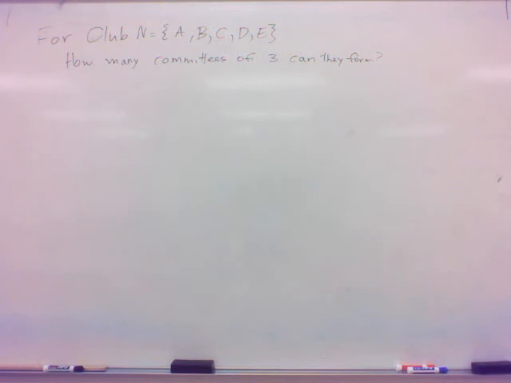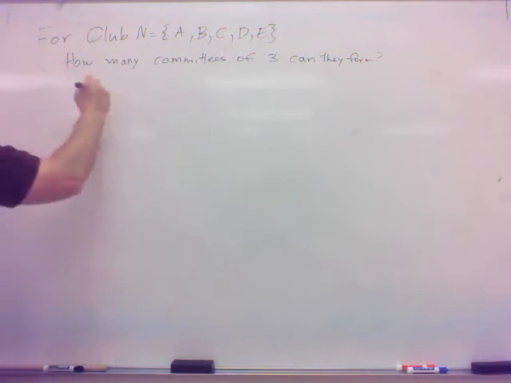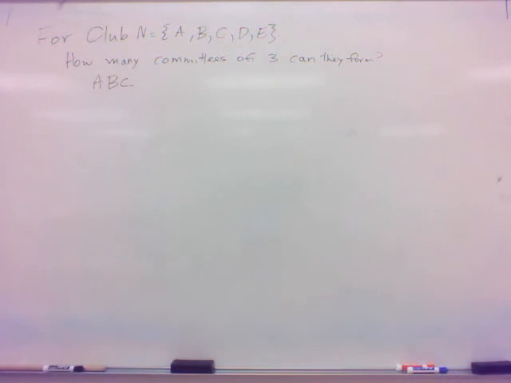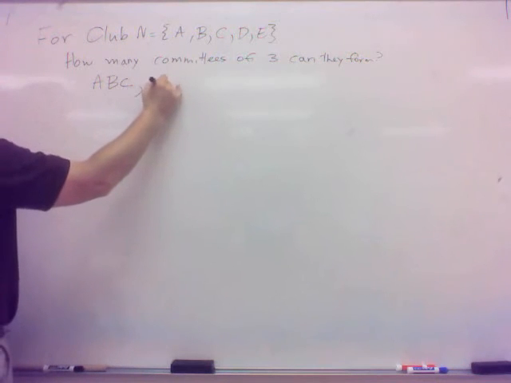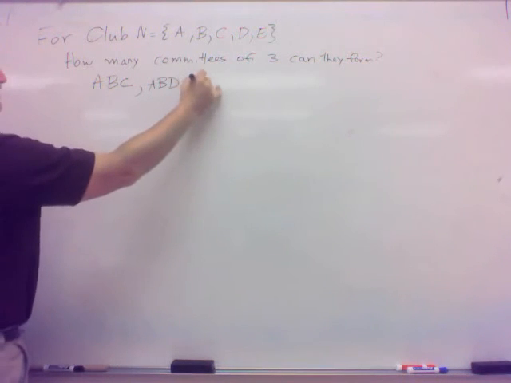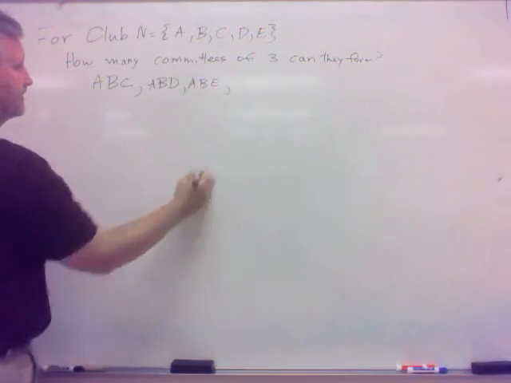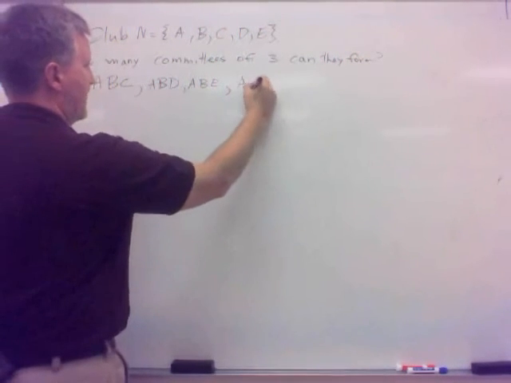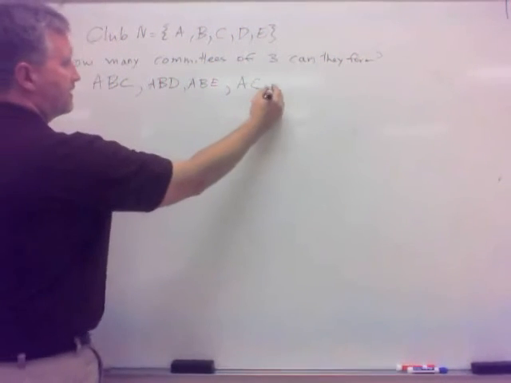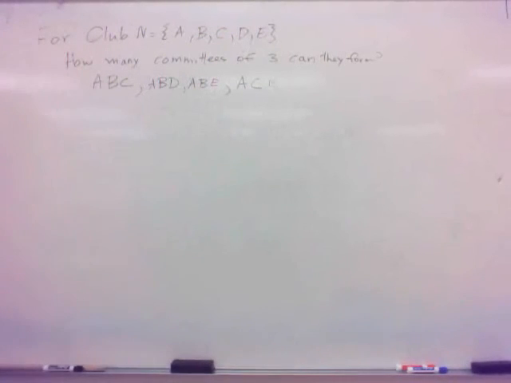All right, so give me one committee. ABC? ABC. Can't repeat. ABC is one, ABD is one, ABE is another. Then I could go Andy with Kathy. Now, why not Bill? We're talking committees.